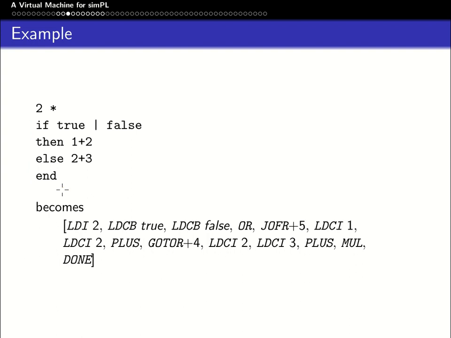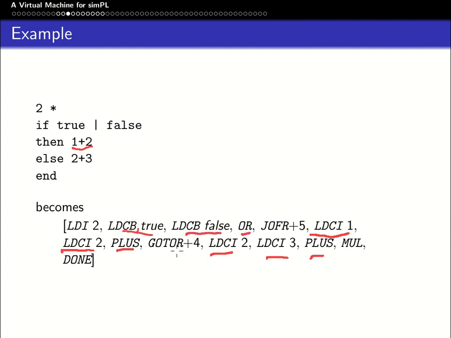So let's see, how do we go about doing this? We start from the small expressions. I have a 1 plus 2 here, so let's recognize this: 1, 2, plus. We have 2 plus 3 here, so 2, 3, plus. Now we also have true or false, so true, false, or.